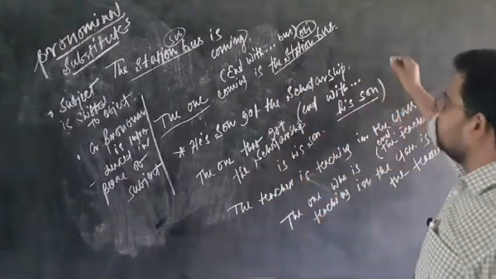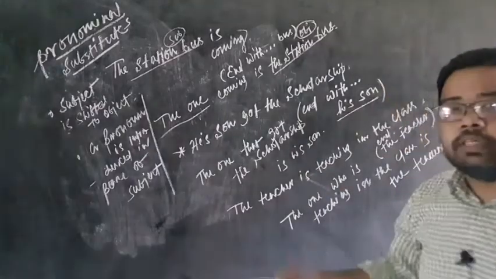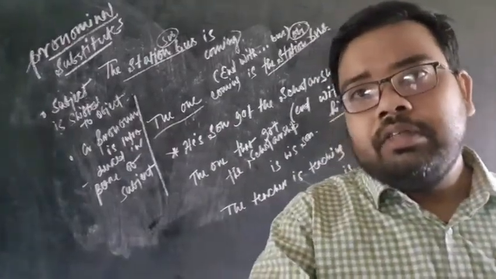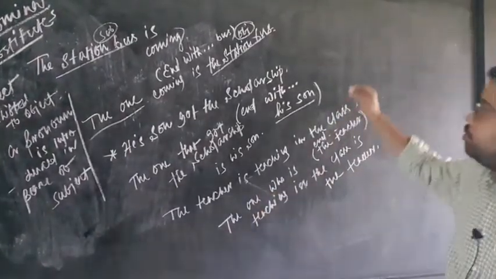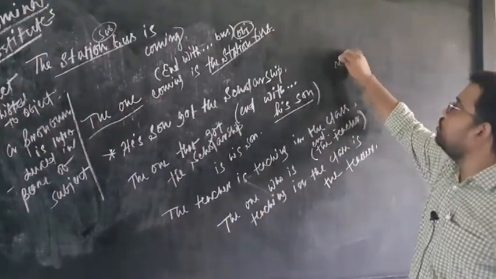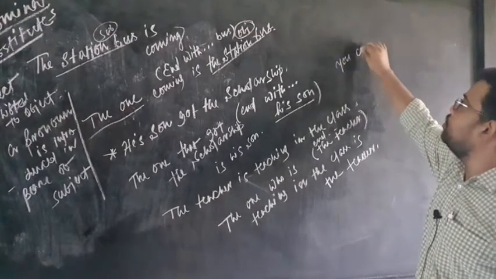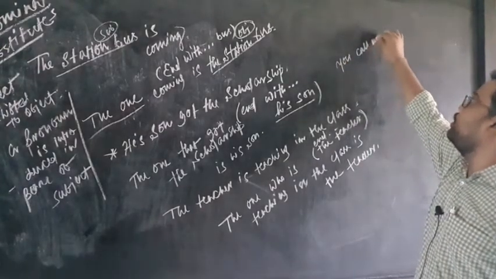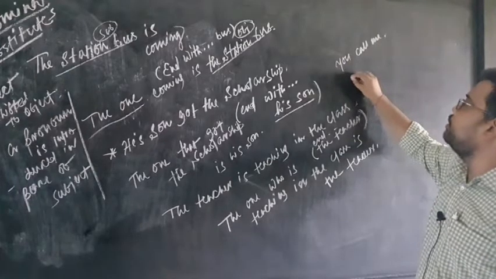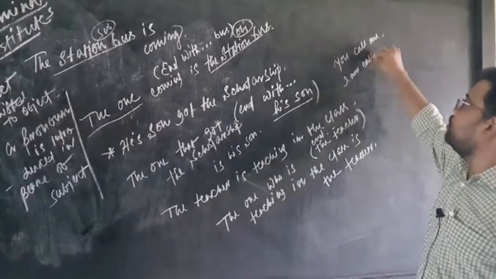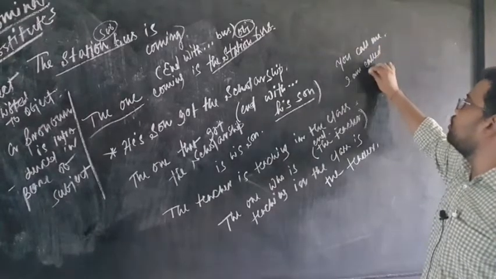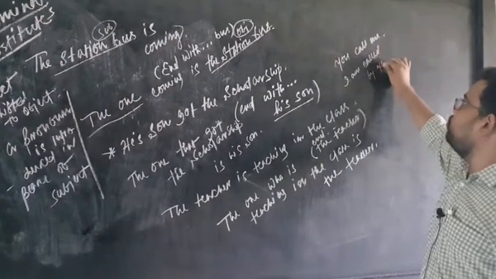In voice change, just let me turn the camera so the remaining part can also be visible. Hopefully it is so. You call me. I can write: I am called by you.